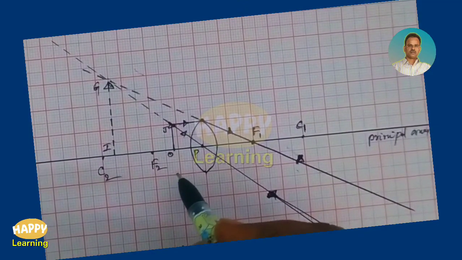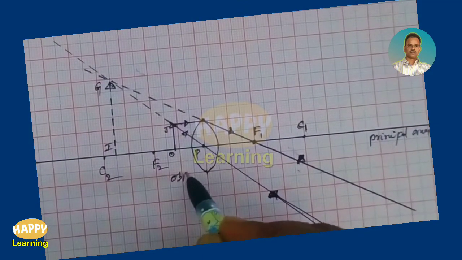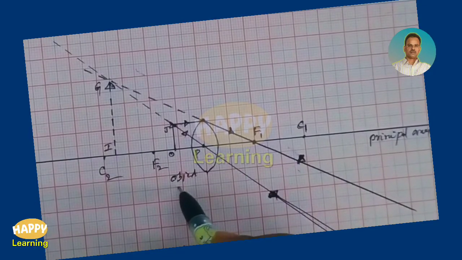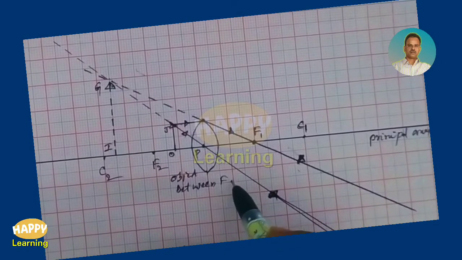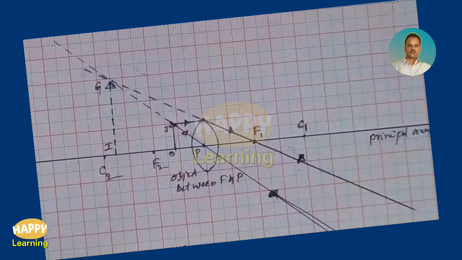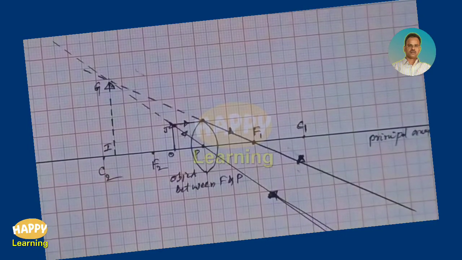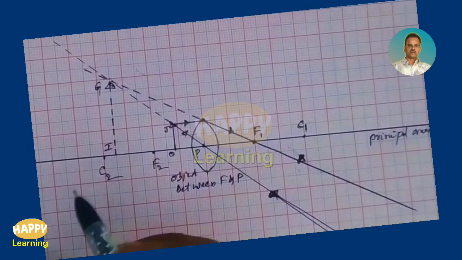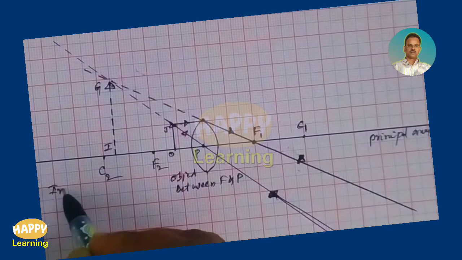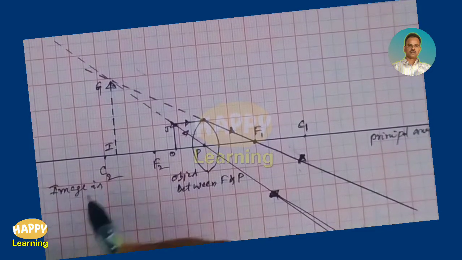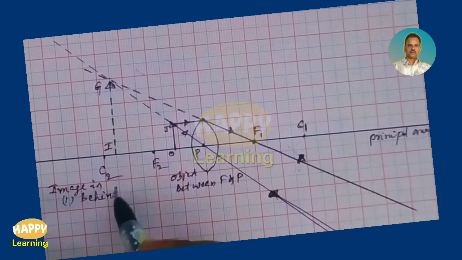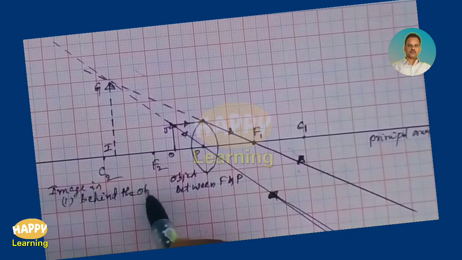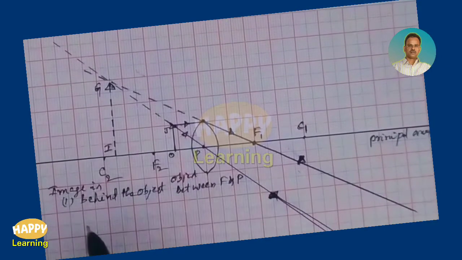So here the object is between F and P. What is F? What is P? F is the focal point. P is the optic center. Whereas the image is, number 1, behind the object.